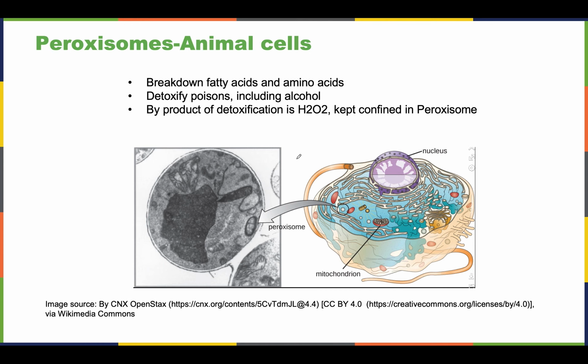The fact that all of this is happening in this membrane-bound organelle is a good thing, because it keeps the harmful hydrogen peroxide, a byproduct of detoxification, from messing up the functions inside the cell.